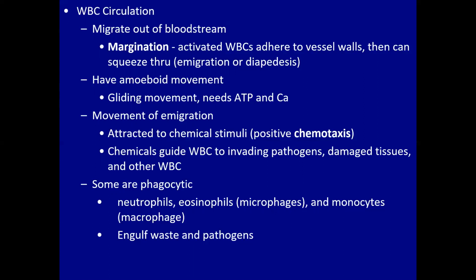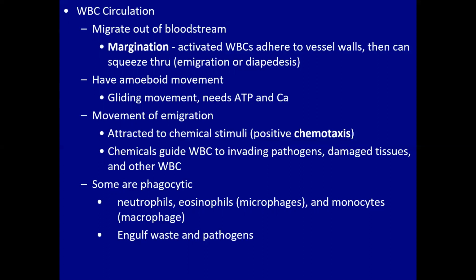When they do this, they have this amoeboid movement, which is gliding, which needs calcium and ATP in order to work. This movement of emigration means that there is some chemical call. It's called chemotaxis, and when they're calling something to a place, that's positive chemotaxis. When something is being sent away from a place, that's negative chemotaxis.